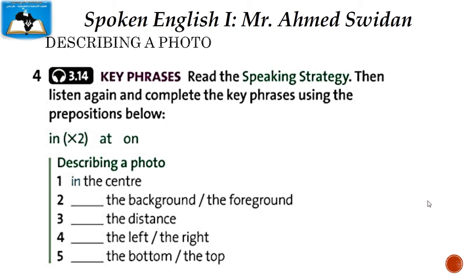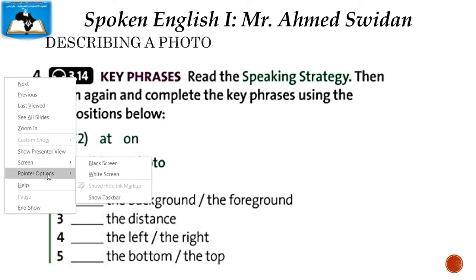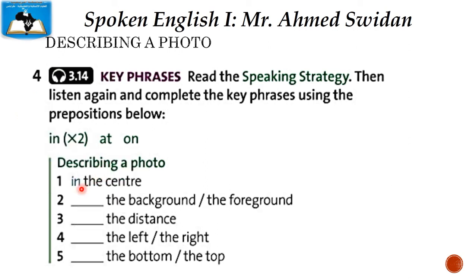Exercises 3 and 4. This photo shows a woman in a beautiful place in the countryside. I think it's sunrise. The woman is sitting on the ground. She's facing the sun. She's in the foreground.